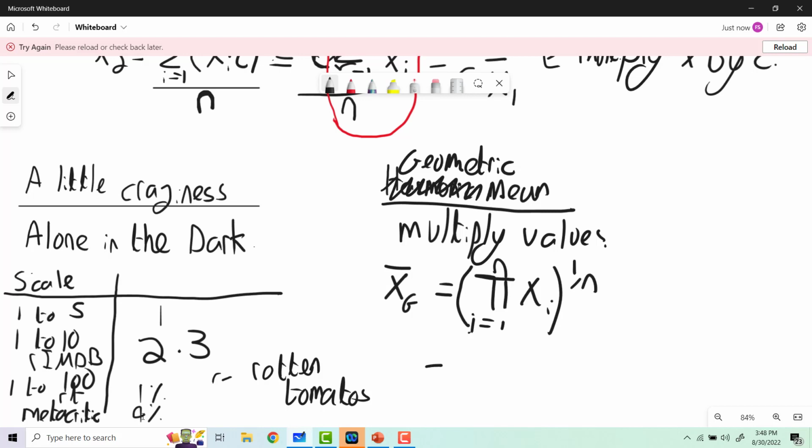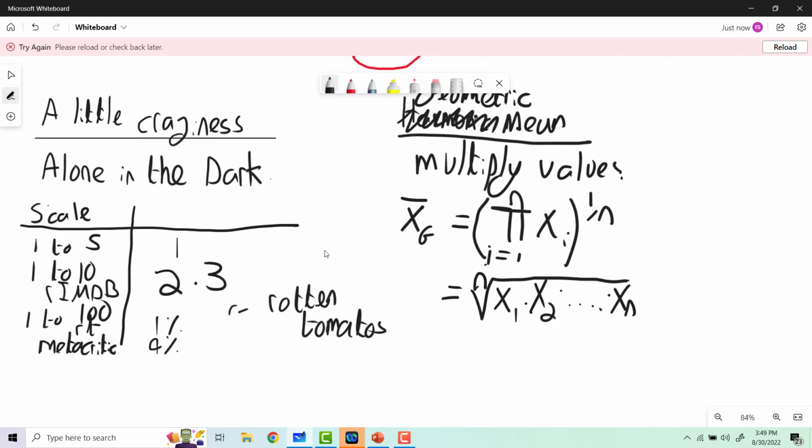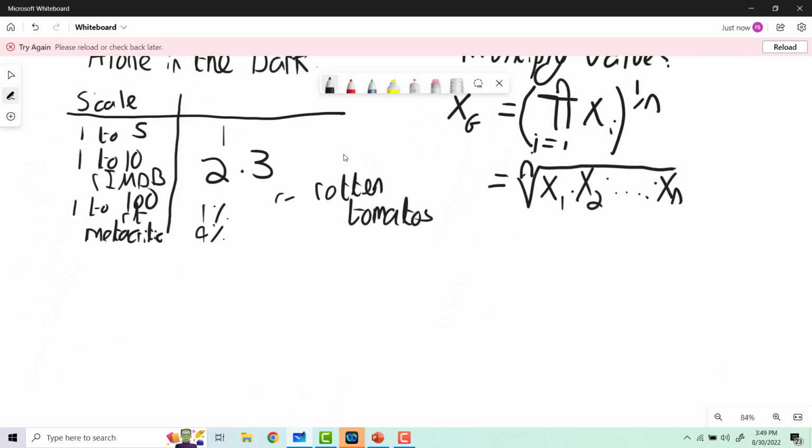Product just means we multiply. If you've not seen that sign before, we just multiply everything together. So this is equivalent to the nth root of the value, multiplying x1, x2, all the way through to xn. Okay, so let's look at my movie example.